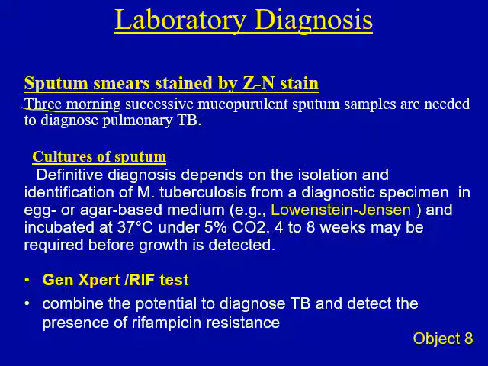She described how to culture it. The culture is called Lowenstein-Jensen, and there are other media, and usually it needs 4 to 8 weeks. So the culture of sputum gives the definitive diagnosis.